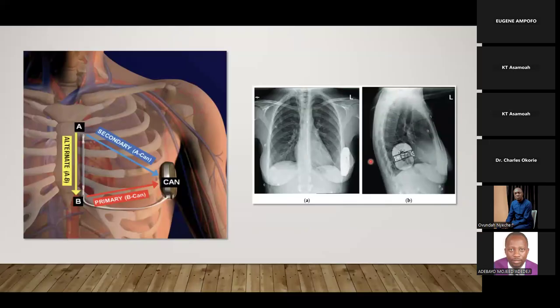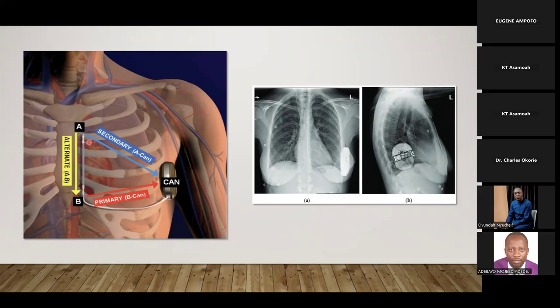This can be explained by the fact that the transvenous ICD is directly in the heart and anchored to the myocardium, so it needs less energy to cardiovert as compared to the subcutaneous ICD, which has to deliver the charge through subcutaneous tissue, muscle, fascia, pericardium, epicardium, and all that.